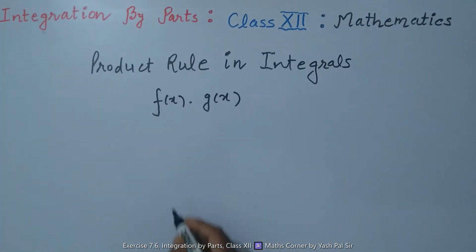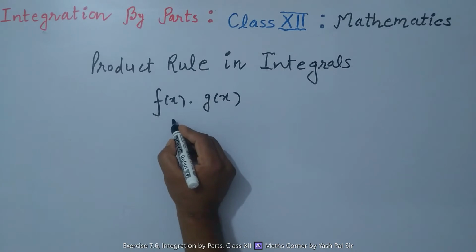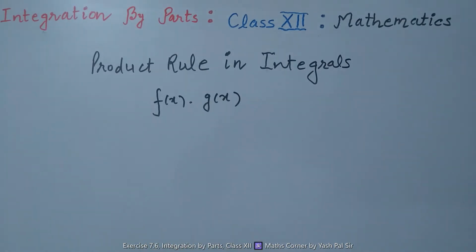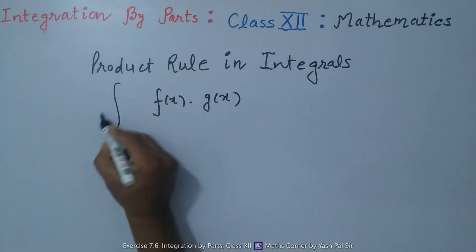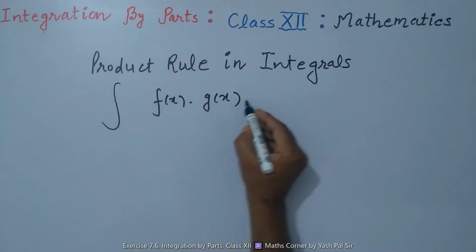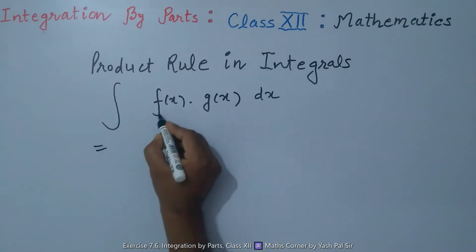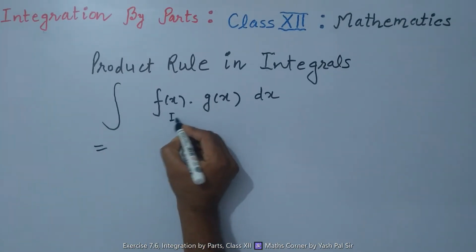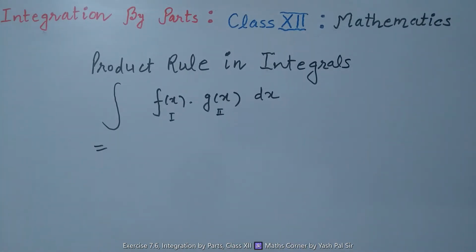First of all, we have to recognize the type of the function and which function is to be considered as the first function. The integration rule is the integral of f of x into g of x, where this is the first function and this is the second function. So how to integrate this?